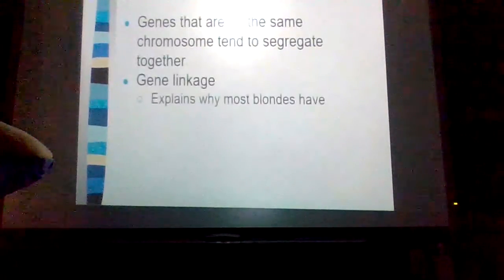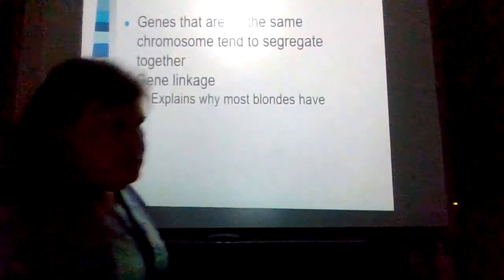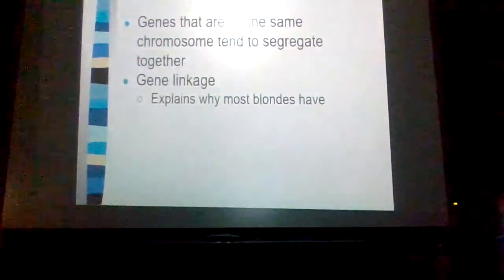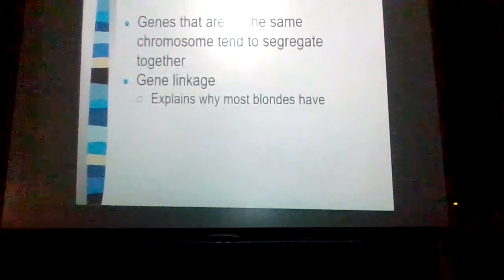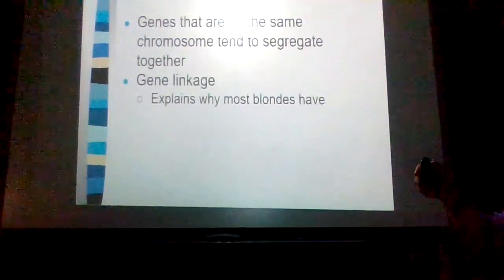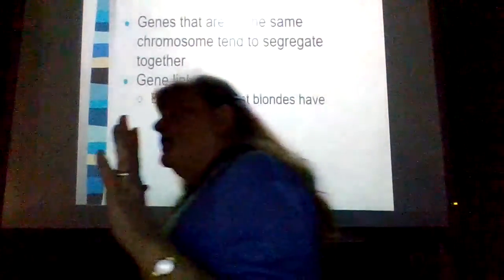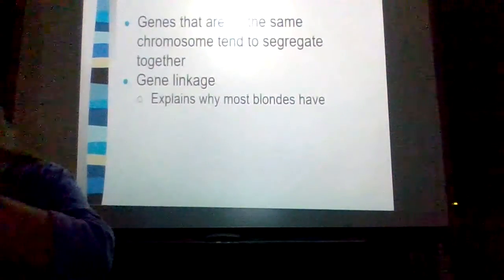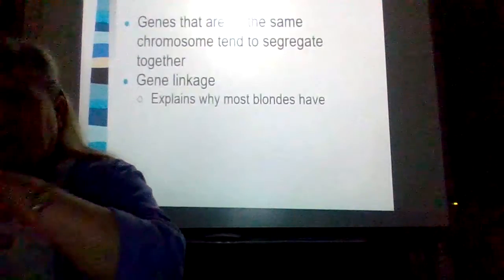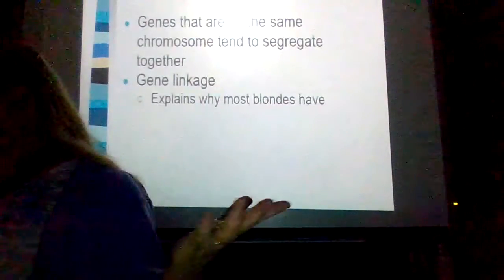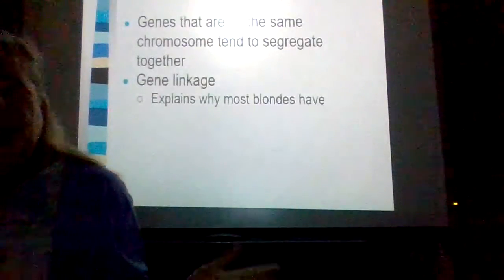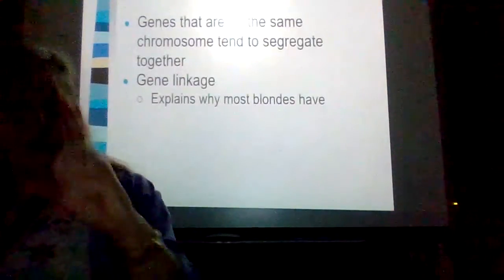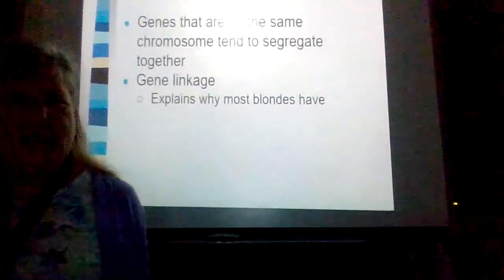An example of this: most blondes have what color eyes? Blue, okay? And the reason that blonde hair and blue eyes go together is because those genes are on the same chromosome and they're linked. And unless you have crossing over, which you do have, because you'll see blonde people with brown eyes, but if you have blonde hair and blue eyes that are on the same chromosome, they just like each other and they want to stay together.